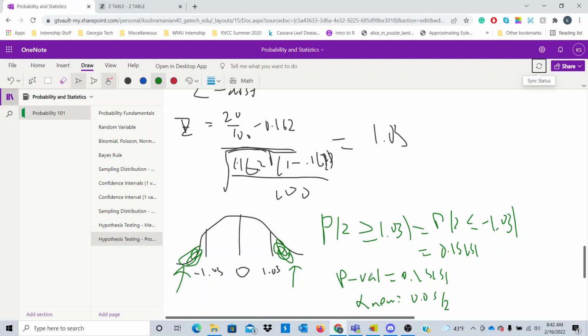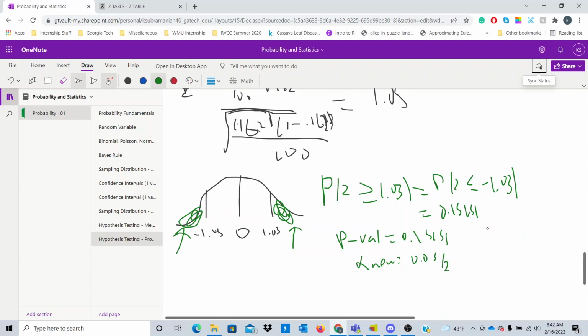This is because the sum of this area and this area must be 0.05, but if this area equals this area, then each green area is going to be 0.05 divided by 2. So all we have to do is check if 0.15151 is less than or equal to 0.025. And it just so happens that this inequality is not true.